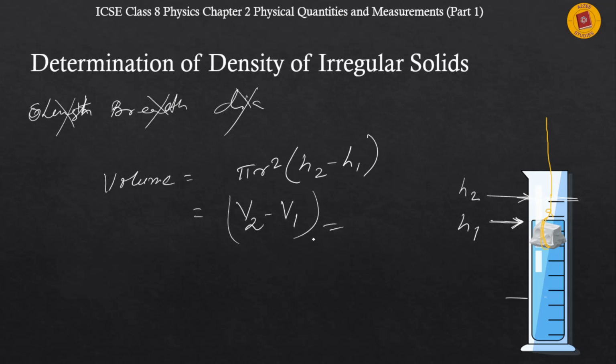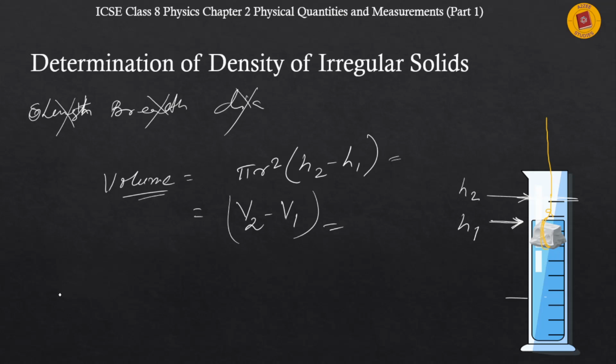We will get it readily. And if the calibration is in height, then we have to use this formula to get the volume of the solid. So this is the volume of the solid that we have dipped in it.